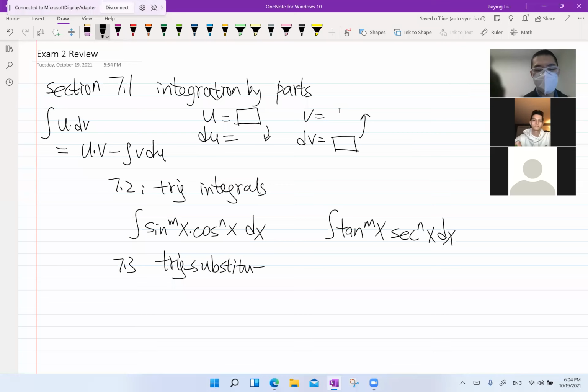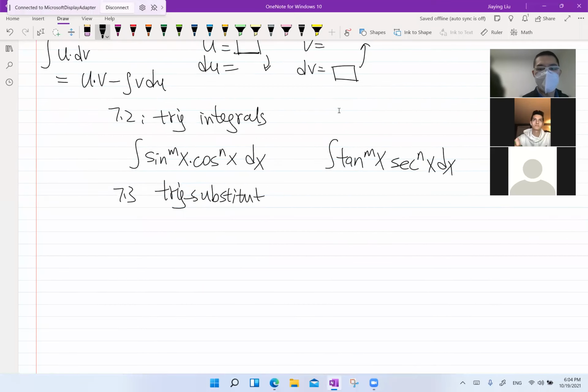So that's the case if you have something like the square root of x squared plus or minus a squared, in particular in the denominator, though it doesn't have to be in the denominator. If you have the square root of x squared plus a squared, trig substitution works really well there.